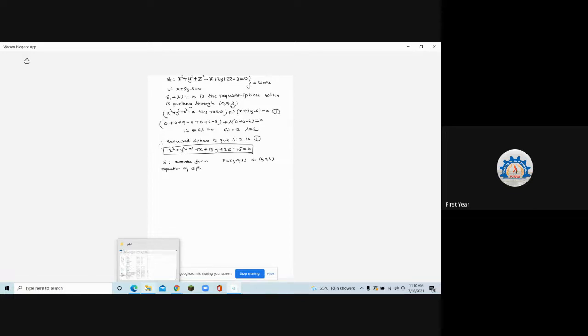sphere क्या होगा? Write along with me simultaneously. What is the equation of sphere in diameter form? (x minus x1)(x minus x2) plus (y minus y1)(y minus y2), same.